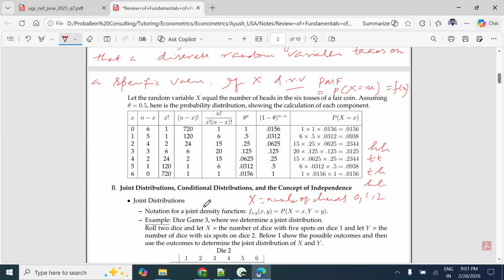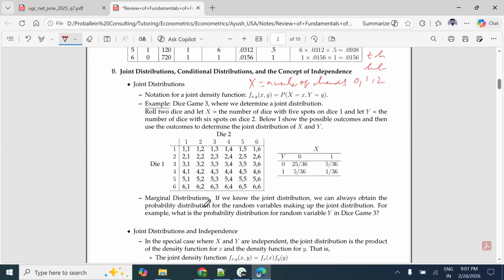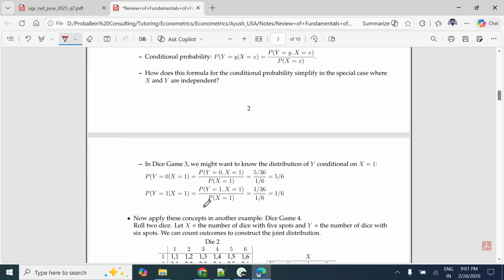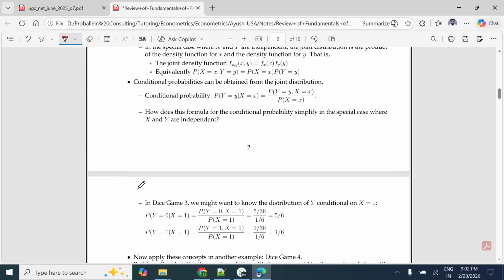Now, if I ask what is the PMF, you have to represent it in terms of a table. You will write the specific value as small x, then the probability of X equals small x. The specific values are 0, 1, 2.